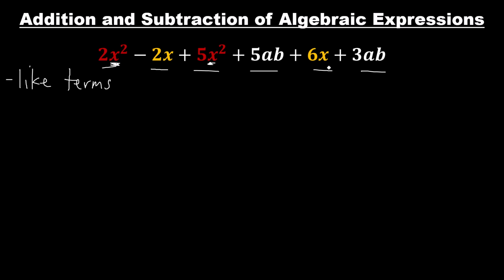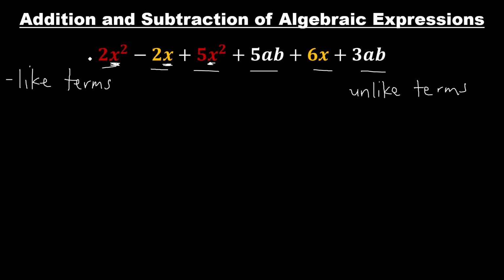So for you to know if particular terms are like terms or not, just check their variables. If the variables are the same, then you are dealing with like terms. If the variables are different, then you are dealing with unlike terms. So keep that in mind.